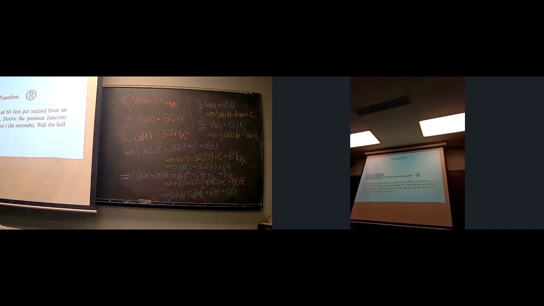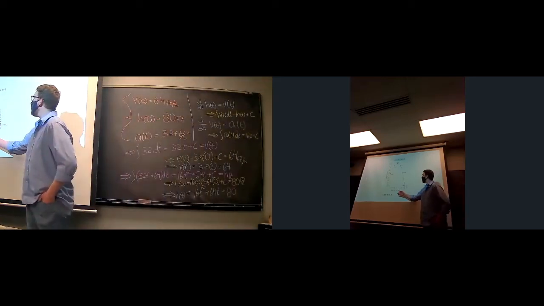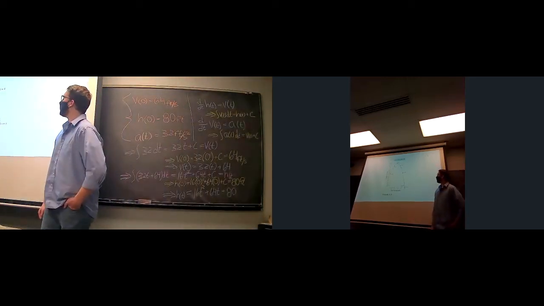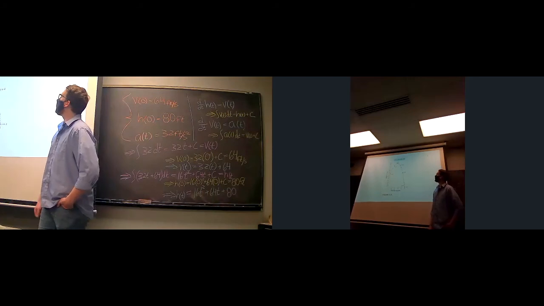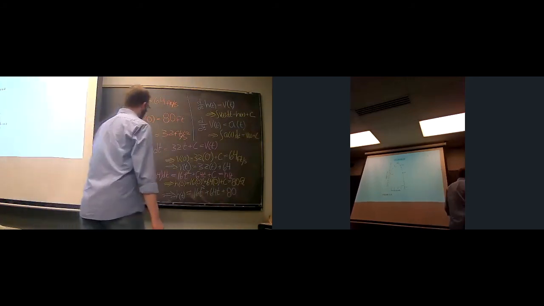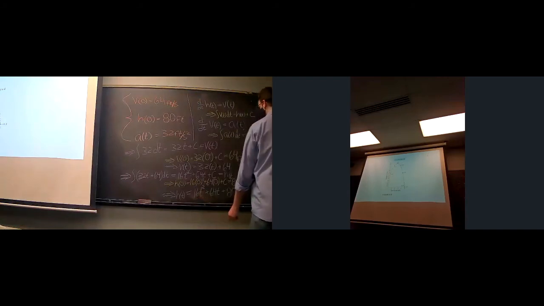Now let's compare that solution to the answer. Looking at the book, it does in fact come out to be the same thing. Height, I forgot a negative all the way through here, and I apologize about that, everybody.